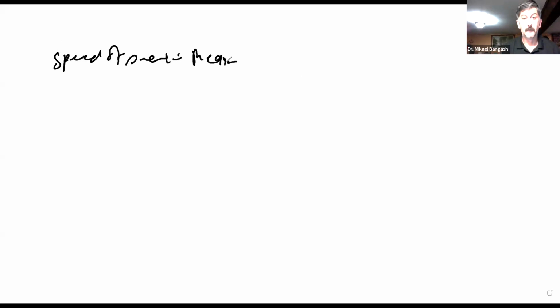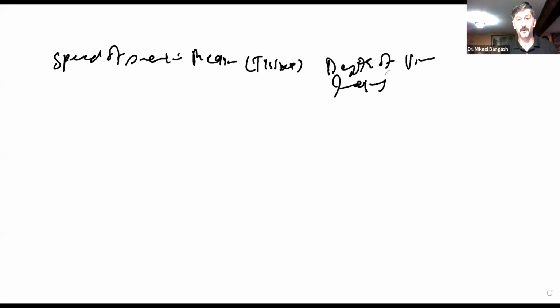Now, which two factors determine the temporal resolution? Just off your book, one is the speed of sound in the medium, which will be the tissue. The other one is the depth of field, also referred to as imaging depth.